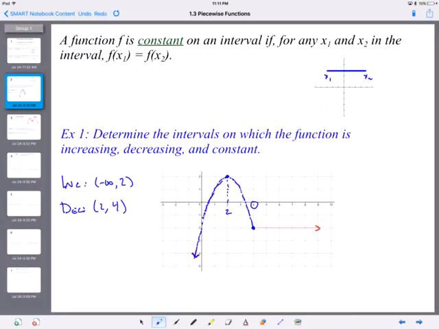We're talking about the function, and the function is the y value. So the y value increases from negative infinity to 2 and decreases from 2 to 4, and then from 4 on to infinity it stays constant.